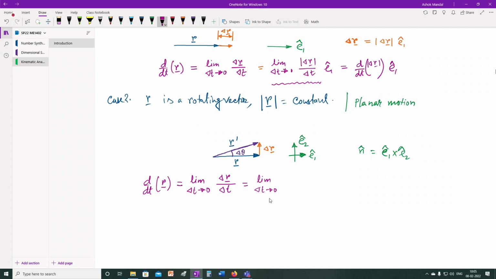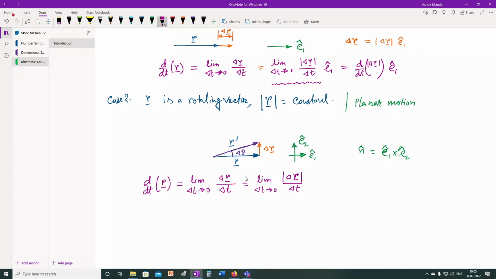So limit delta t tends to 0, and we write here the magnitude of delta R divided by delta t. Now tell me, in which direction does delta R change?